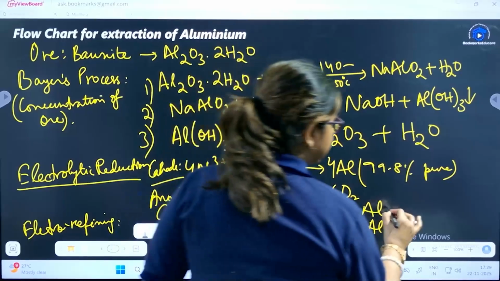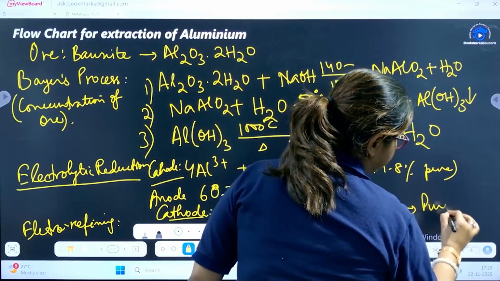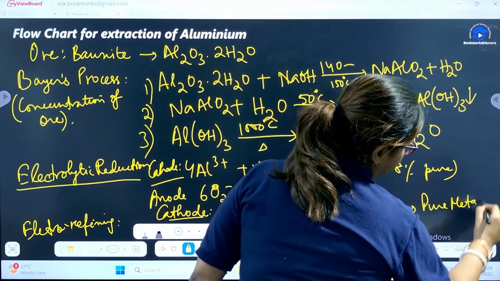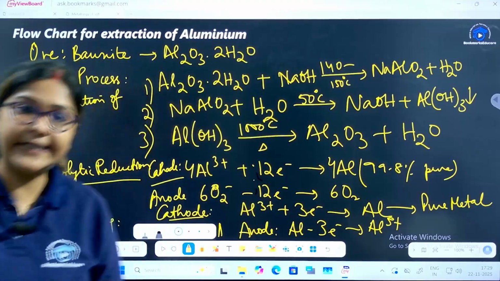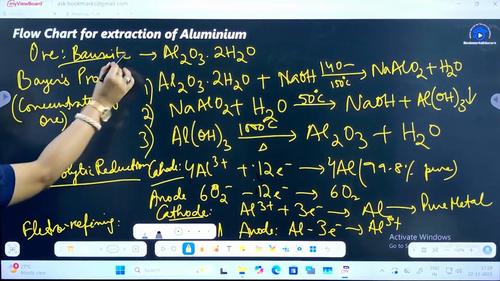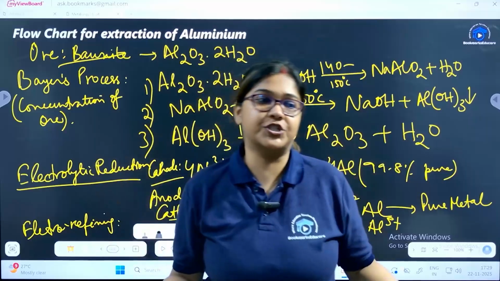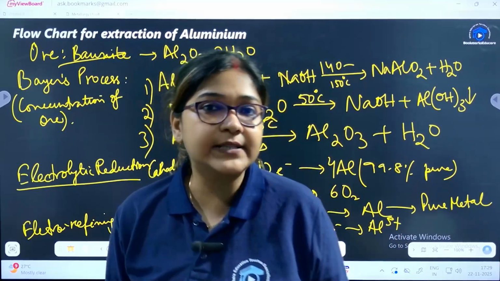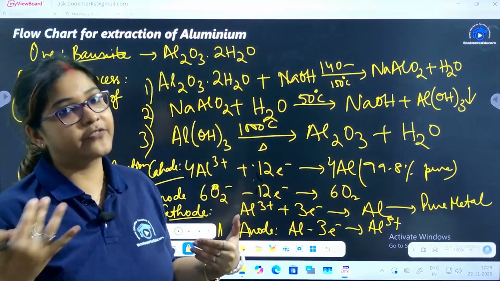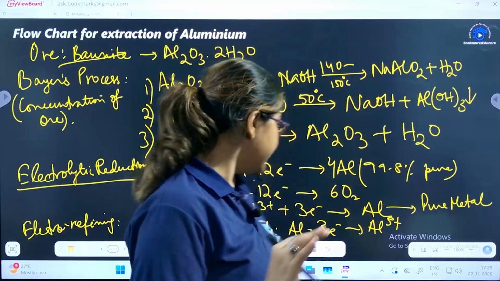So this is the pure metal that you are generating from bauxite. So this is the total flow chart of how you extract aluminium from bauxite, right?